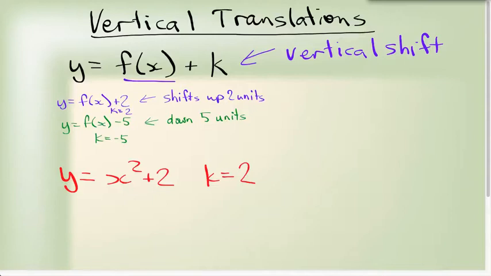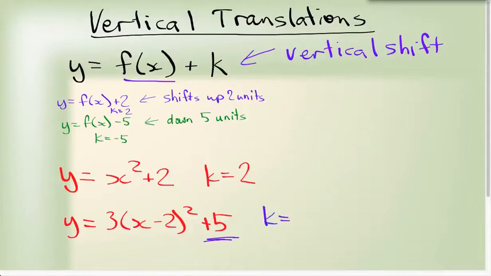You can also look at it as an equation of even more complicated. In this case, this number tacked onto the end is still my vertical shift. k equals 5. So in this case, it shifts up 5.